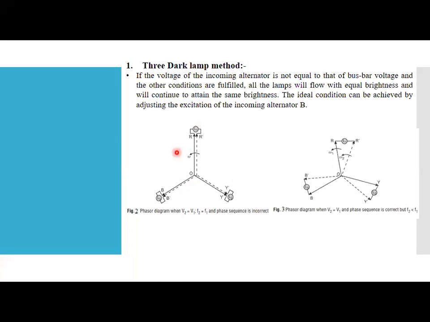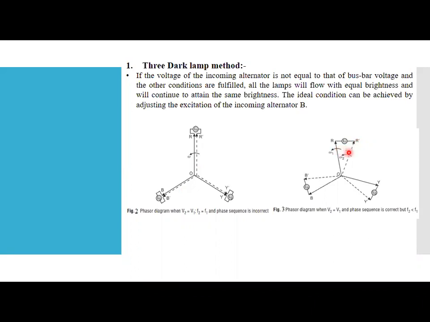If all the things are perfectly correct, then this is my vector diagram. But suppose my frequency is different, then this is my vector diagram. Here it is my R phase. So R is the bus bar and this is R dash, the voltage of the alternator.